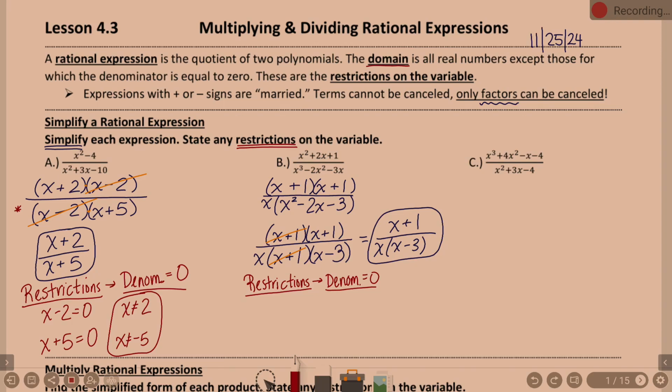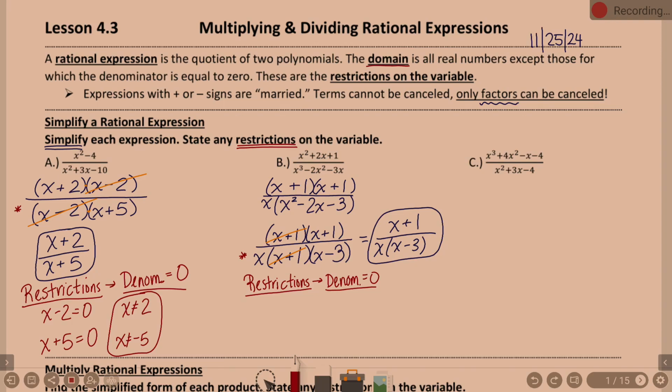I wouldn't use my original form before it was factored, because you're just going to have to factor it. Your factored form before you canceled things out, which was that right there, yes? So there's the x minus 3. There's the x plus 1 I canceled. There's also the x.